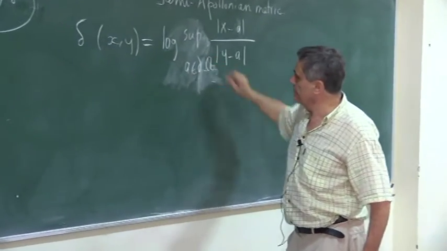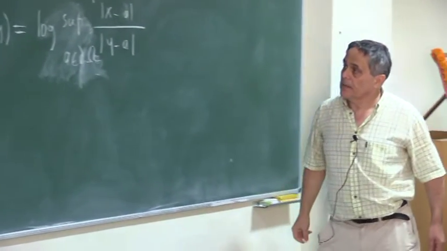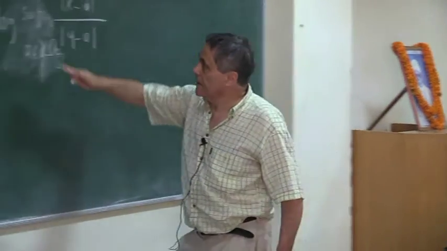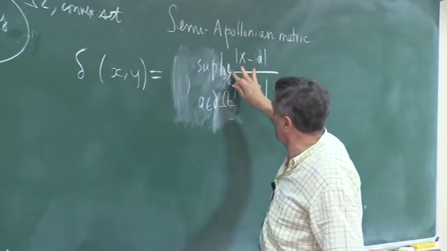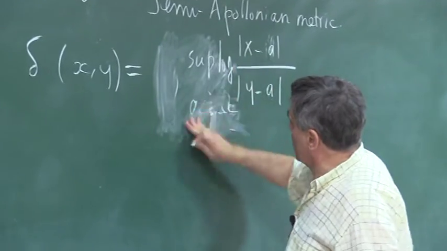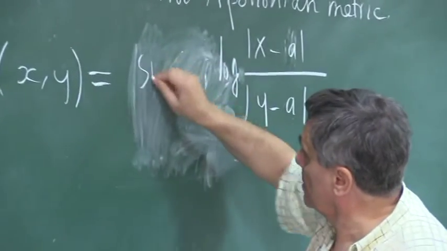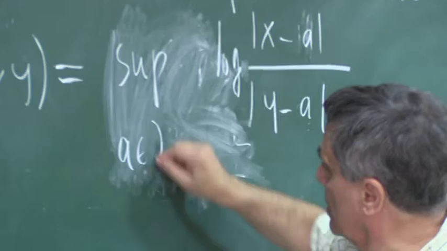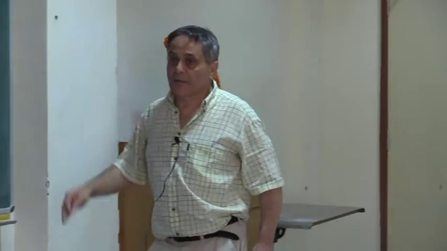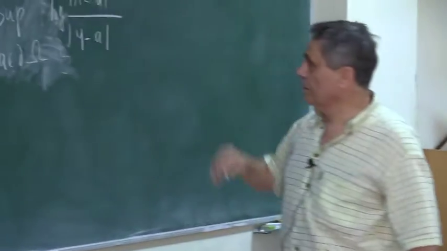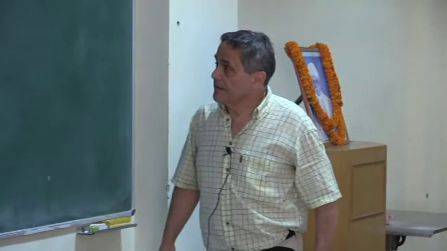Boundary of omega. I want to put it there because now the triangle inequality is satisfied, because the supremum behaves well with respect to the sum.